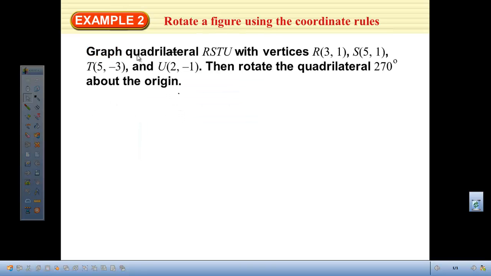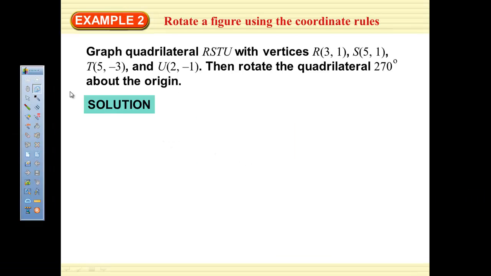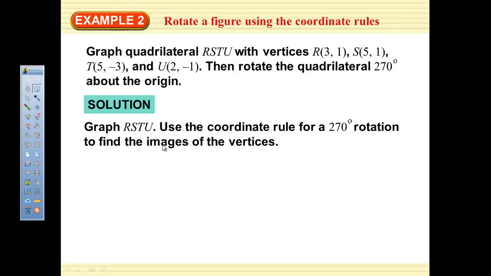And here's another one where we want to graph the quadrilateral with these vertices, and then we're going to rotate it 270 degrees. I believe they gave you some shortcuts for that. In this case, we can use the coordinate rule for 270 degrees.